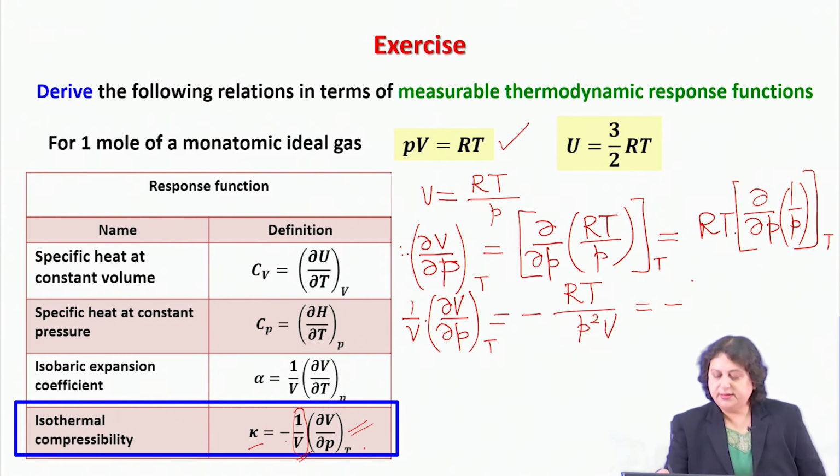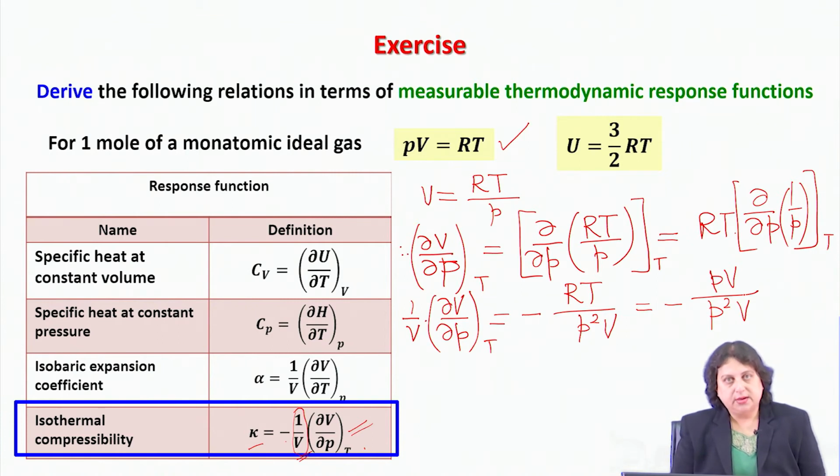I am going to write this as P into V, and in the denominator I have P square into V. So V would cancel out and I will have minus 1 by P on the right hand side. Therefore, what is kappa?